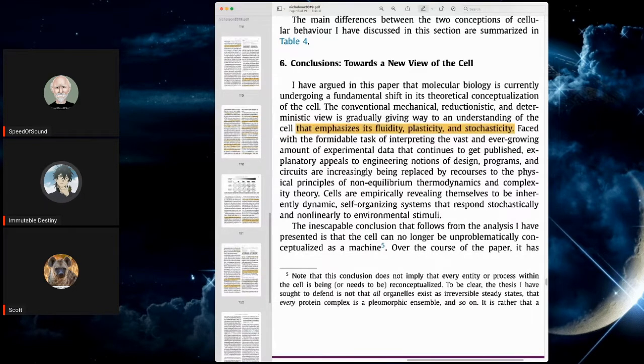Faced with the formidable task of interpreting the vast and ever-growing amount of experimental data that continues to get published, explanatory appeals to engineering notions of designs, programs, and circuits are increasingly replaced by recourses to physical principles of non-equilibrium dynamics and complexity theory. Cells are empirically revealing themselves to be inherently dynamic, self-organizing systems that respond stochastically and non-linearly to environmental stimuli.